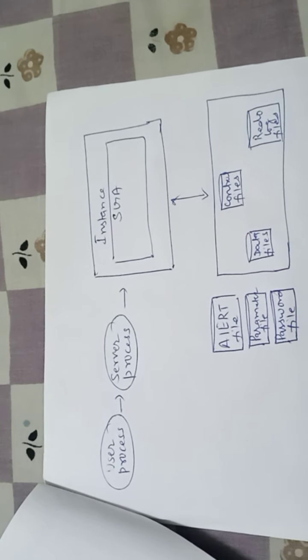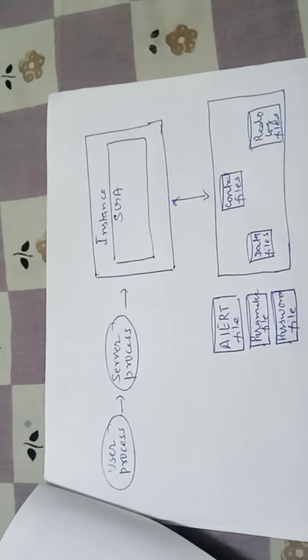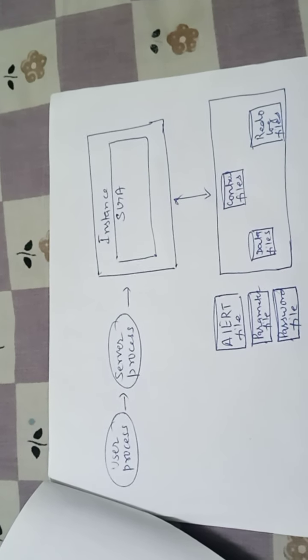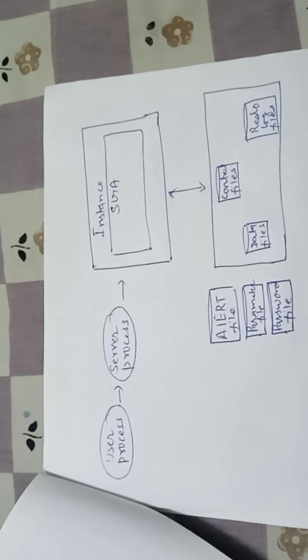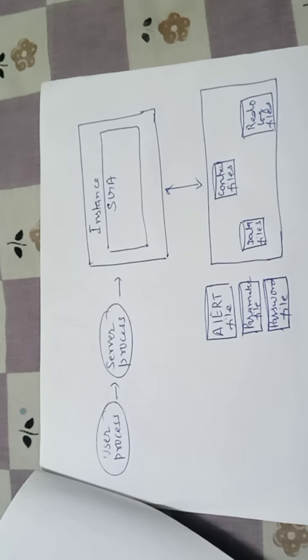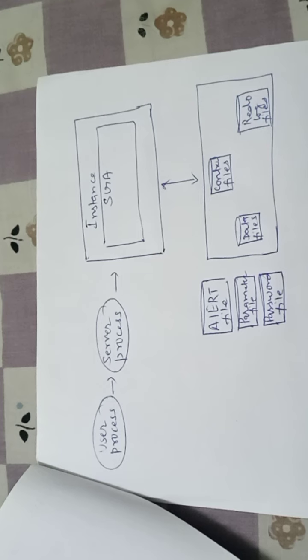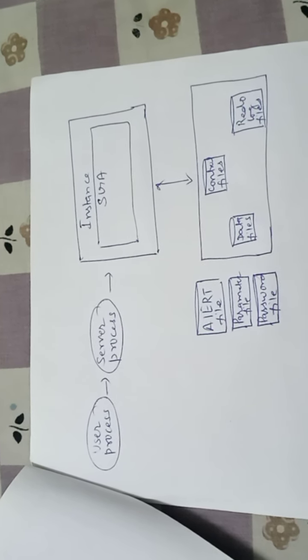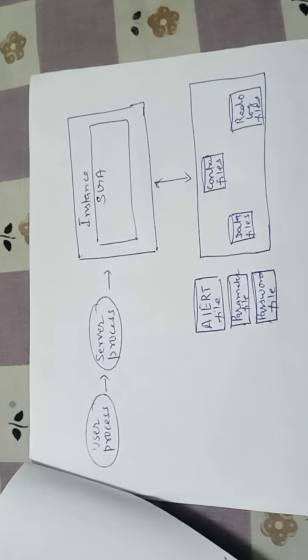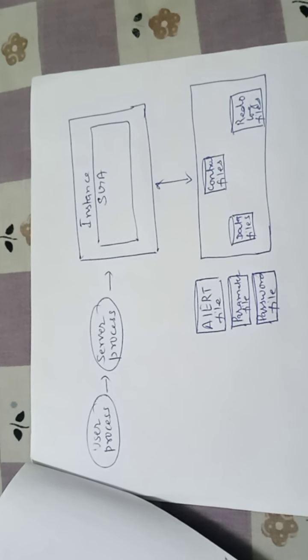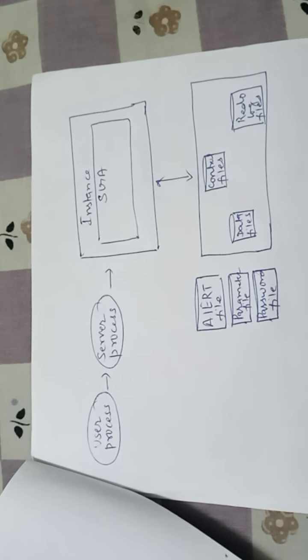SGA stands for System Global Area, which is a memory area. The instance is situated in the memory area and it interacts with data files, control files and redo log files.